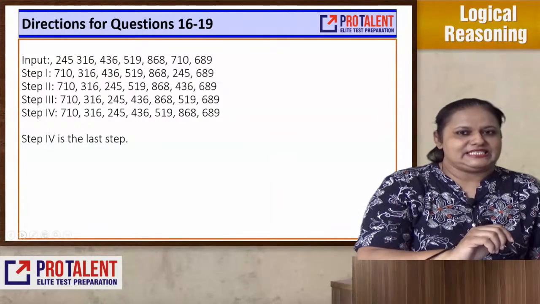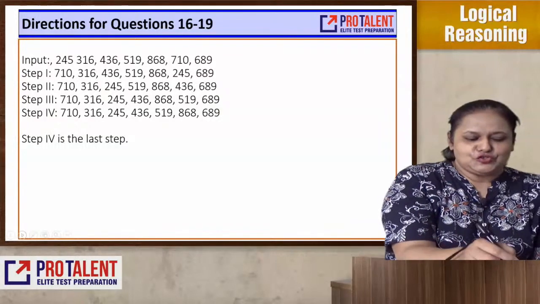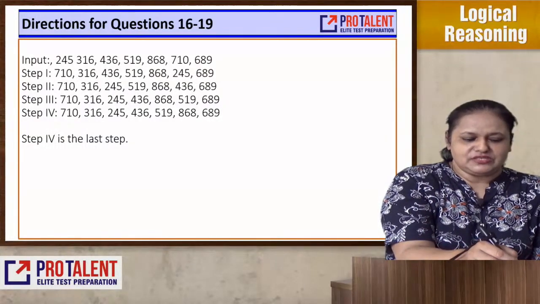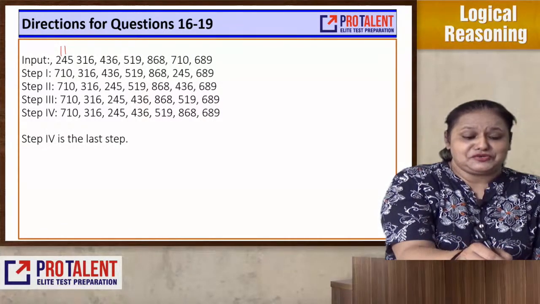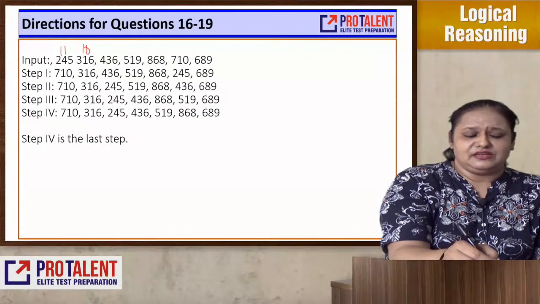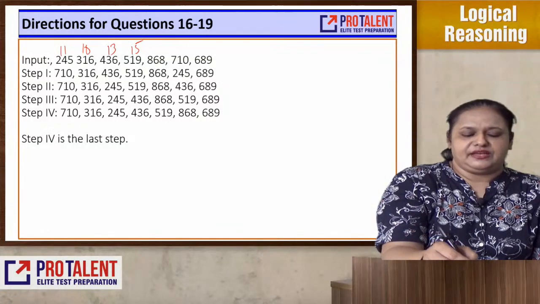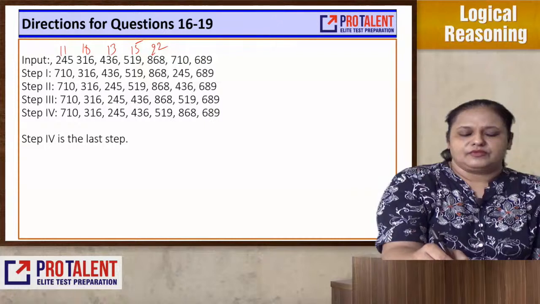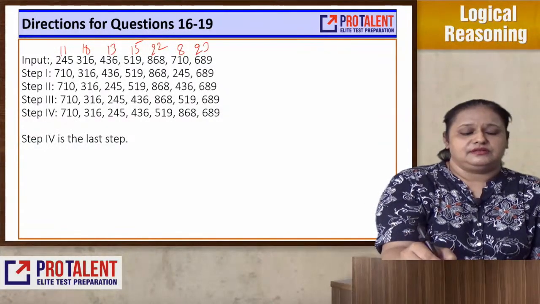Sum of digits, correct. Oh, Sinchan, impatience, huh? Yes. 2 plus 4 plus 5. So it was 6, 6 plus 5, 11, 3 plus 1, so it is going to be 10, then it is going to be 13, then it is 15, then it is 16, 22, 8, and 23, right?